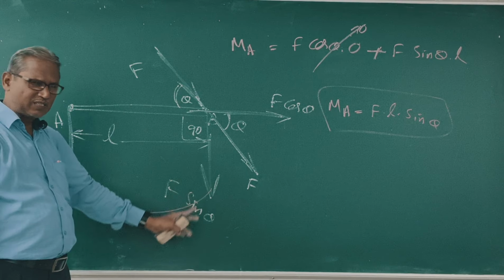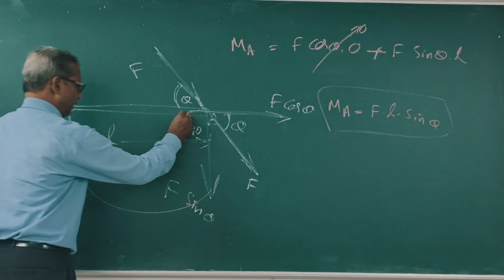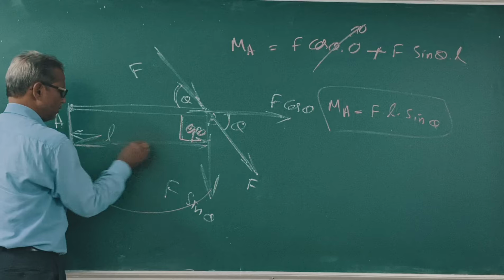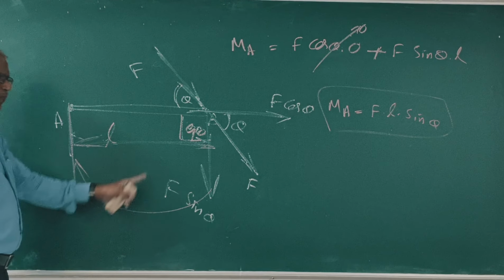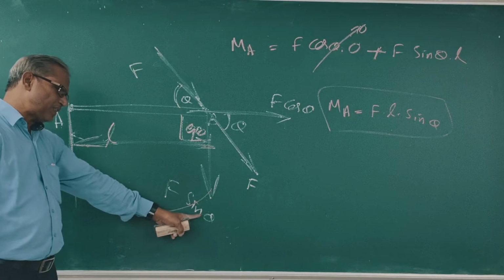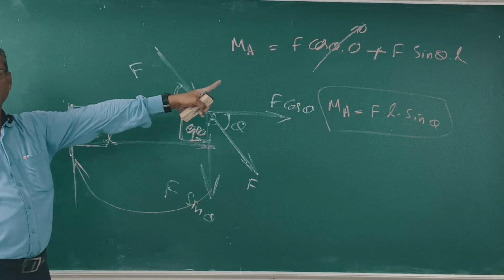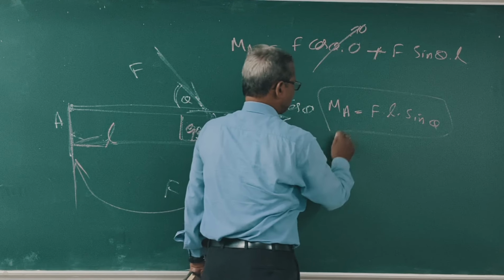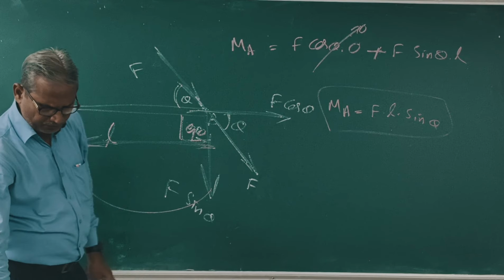So the perpendicular distance between F sin theta and point A is L. Perpendicular distance L, force F sin theta. So the moment of F sin theta is F sin theta into L. So MA is equal to FL sin theta. Clear?